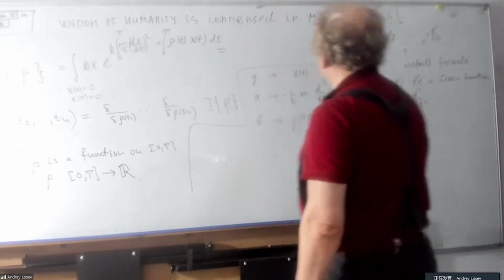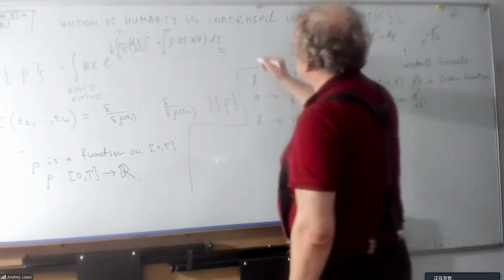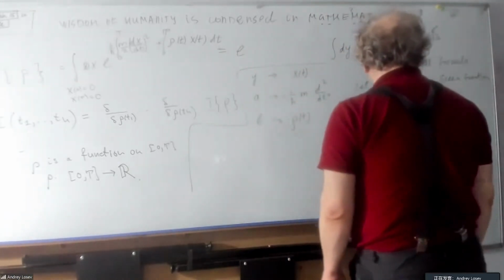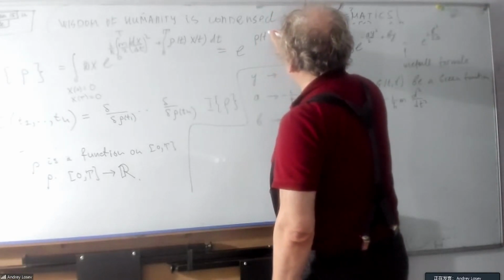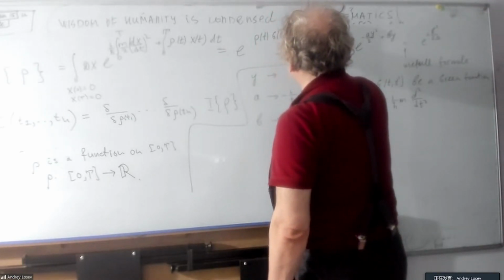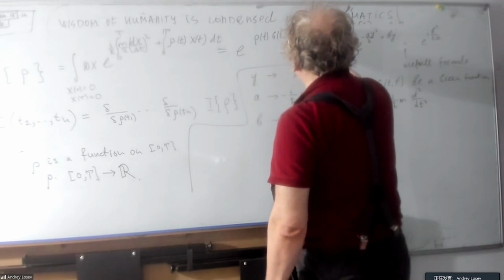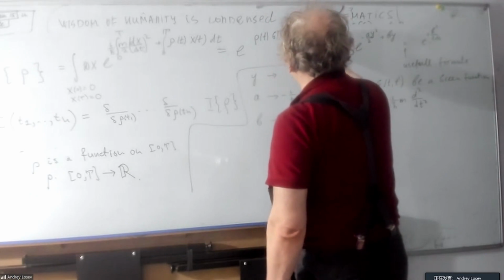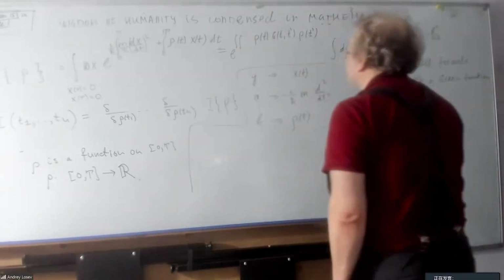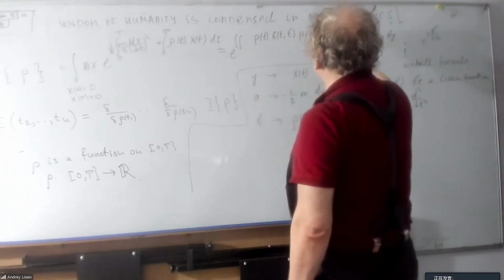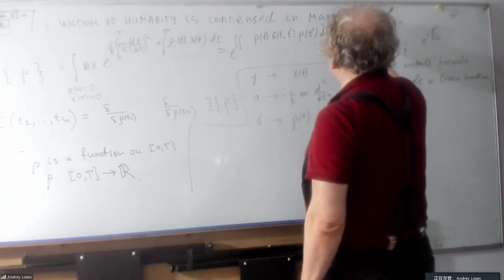Then the integral is e to the rho of t, G of t t prime, rho of t prime, and here we have a double integral, dt dt prime.